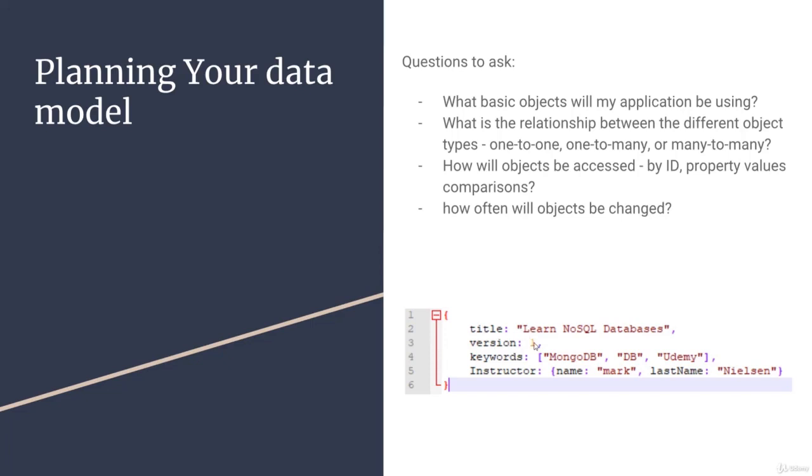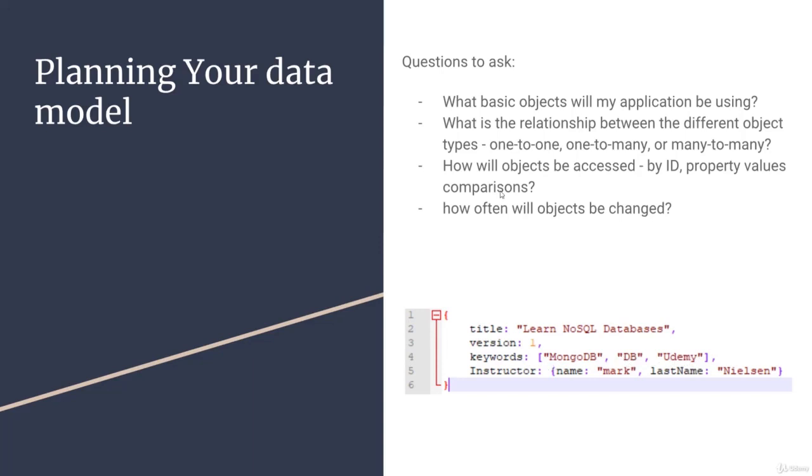This is because this is an integer, which is another data type, and integers contain whole numbers, whereas the data type double, for example, will contain a decimal value. And the keywords right here is actually several string values. As we see here, we have one value, then a comma, another value, and then the last one right here. This is because the value we see right here is an array.